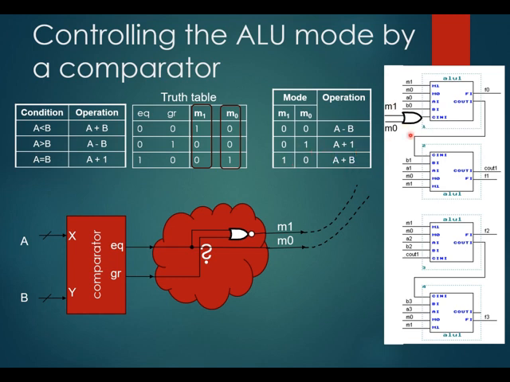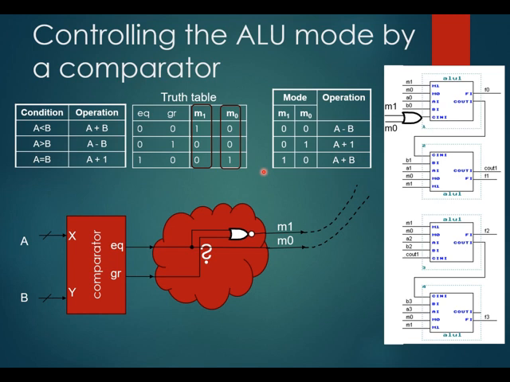In this application, we use a comparator to decide what mode the ALU should be in, based on the comparison result. If A less than B, we want the ALU to do the addition. If A greater than B, we want the ALU to do the subtraction, and otherwise do the A plus 1. So we have this table and the ALU mode function table.